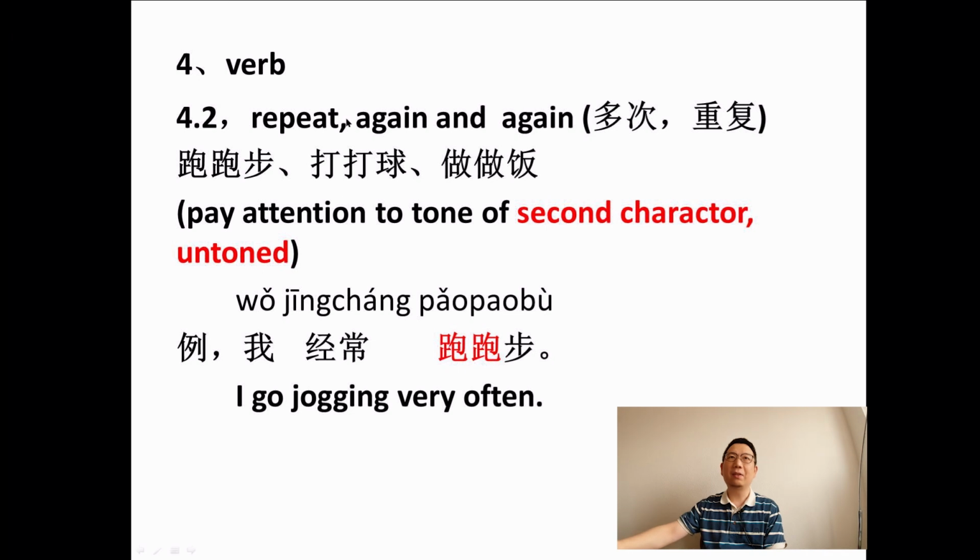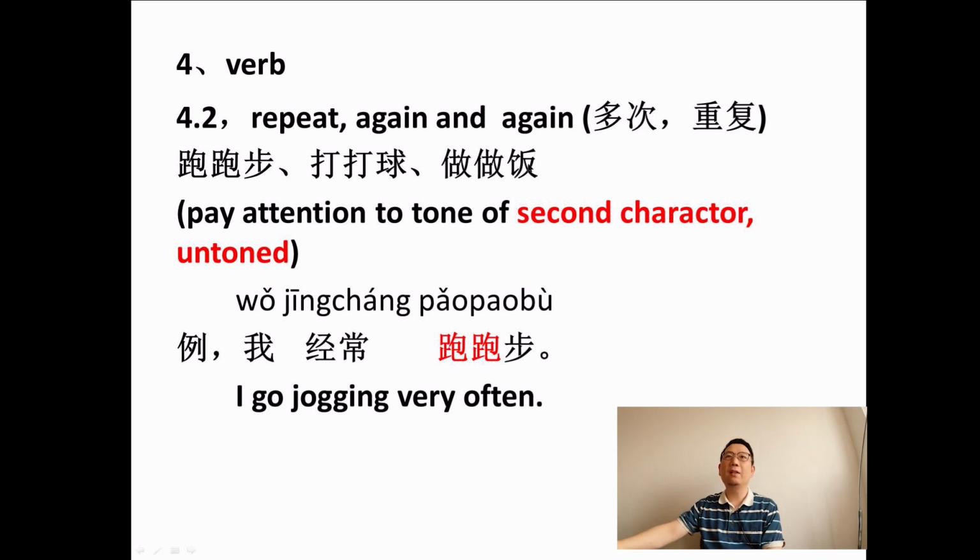And also similar is 打打球, which means to play basketball or some other sports again and again. It's not only one time. And also 做做饭, which means cook, but not one-time cooking. It's maybe every day you have to cook, something like this.